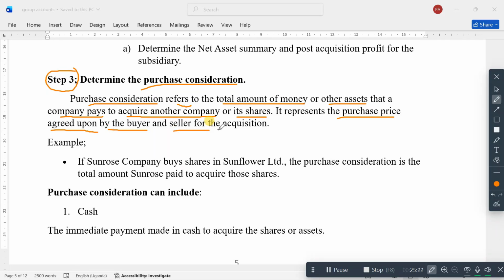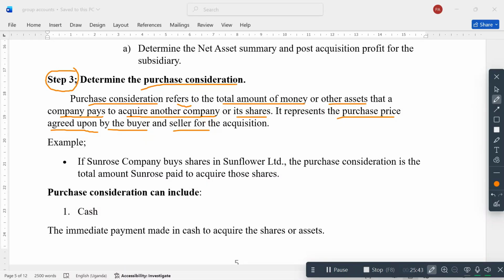As you are consolidating, it's really very important. Some questions will be very direct. They will give you direct information. They can tell you KK paid cash of 1,000 US dollars or 10,000 US dollars. Some other questions you may find are giving you different parts.